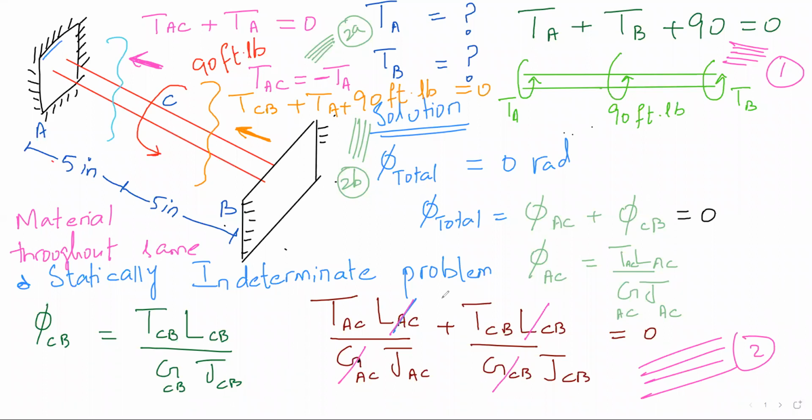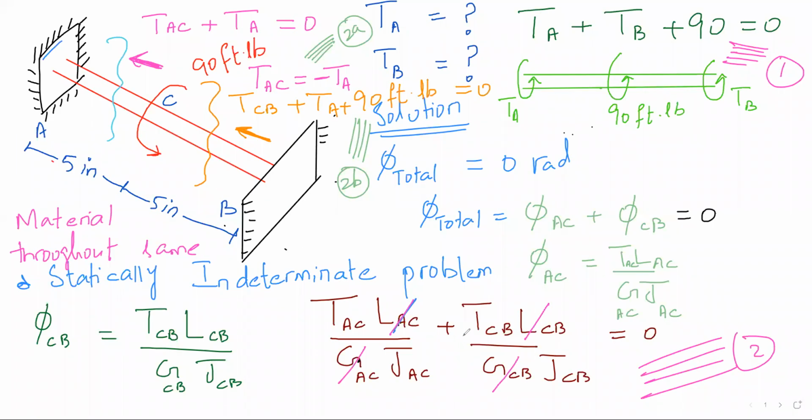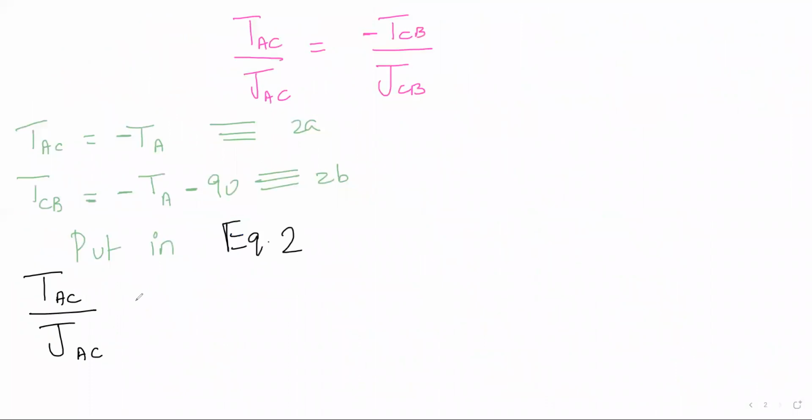So I will write TAC over JAC plus TCB over JCB equal to 0. Okay, there was a question.